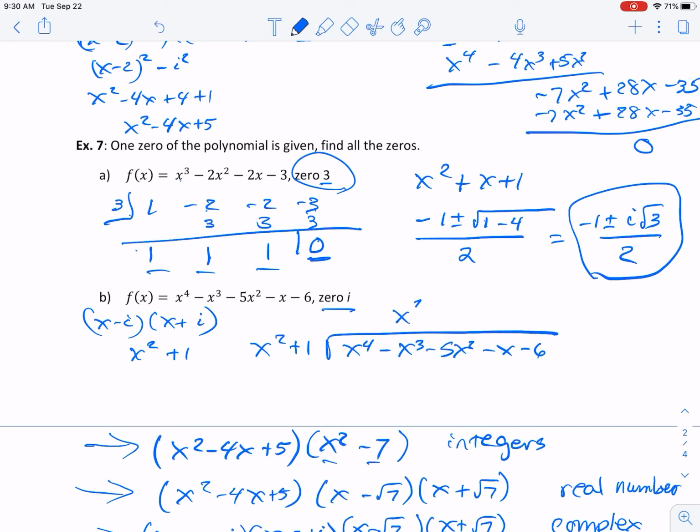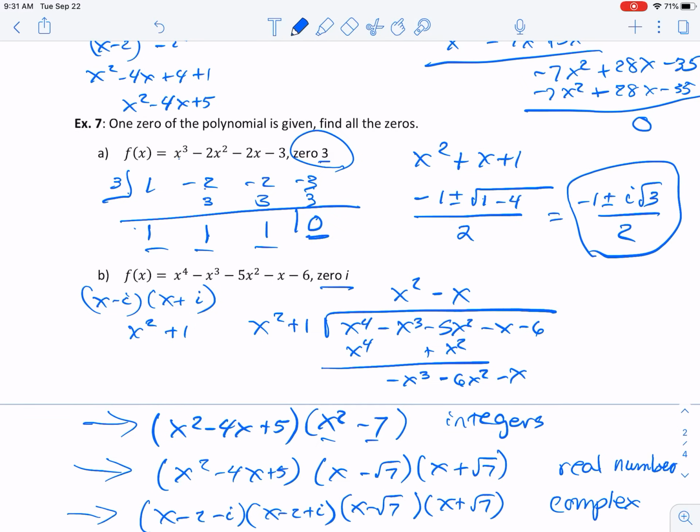You multiply by x squared, you get x to the 4th plus x squared. Subtract, you get negative x cubed minus 6x squared minus x. You multiply by x, negative x.